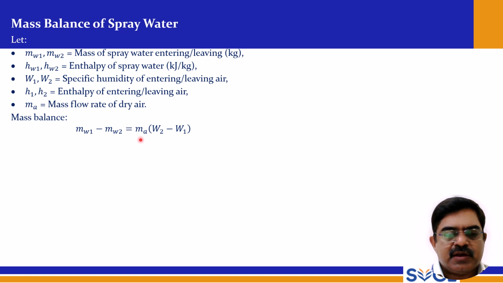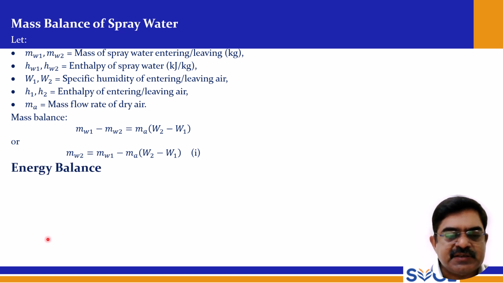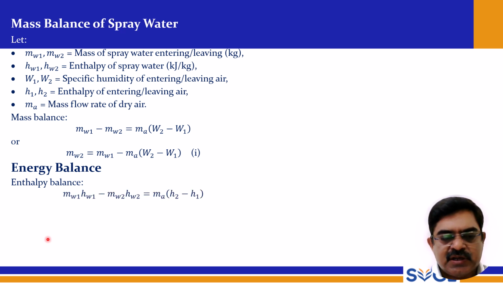In the mass balance, MW1 minus MW2 equals MA into W2 minus W1, or we can rewrite this as MW2 equals MW1 minus MA into W2 minus W1. Energy balance: in terms of enthalpy balance, MW1 HW1 minus MW2 HW2 equals MA into H2 minus H1.